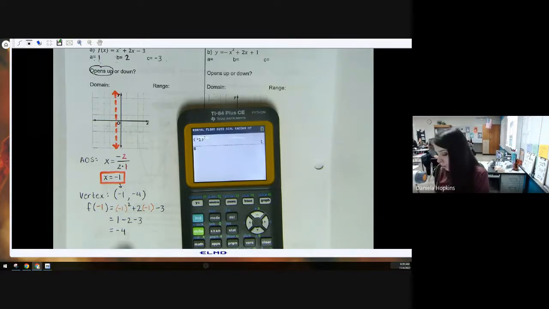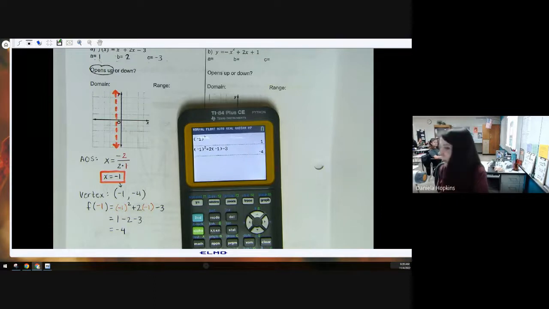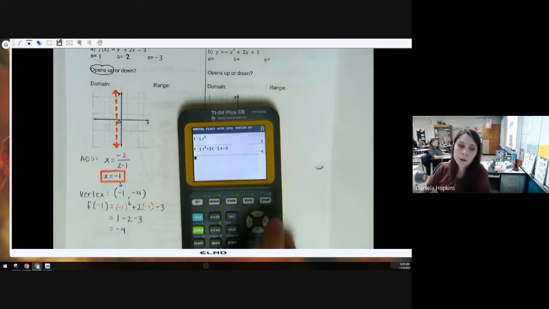So that's why I always plug these in parentheses anyways, because then you can actually just type this whole thing up. If you want to type in -1, close your parentheses, squared, plus 2 times -1, close your parentheses, minus 3. Look at that, it's -4. Okay, you just have to watch out for that. The negatives are probably going to be where you go wrong on your axis of symmetry and vertex.